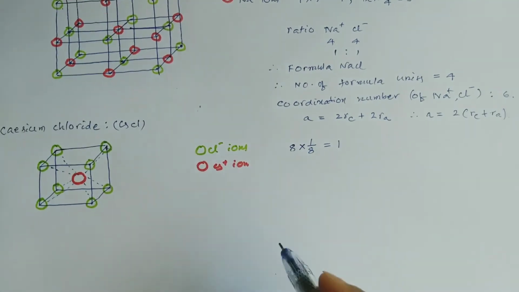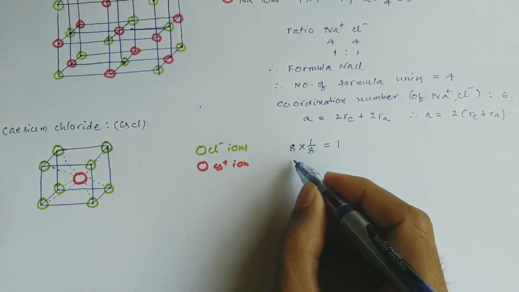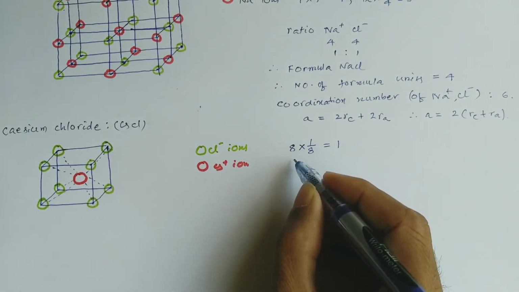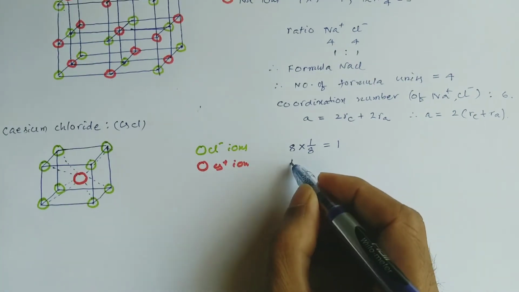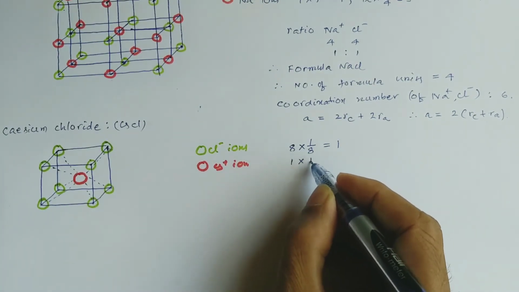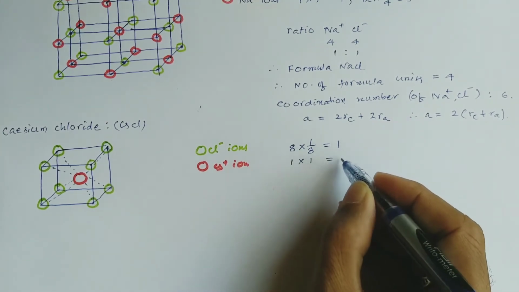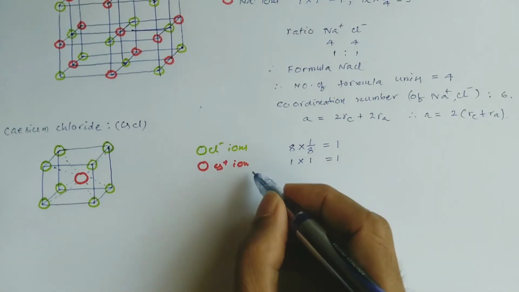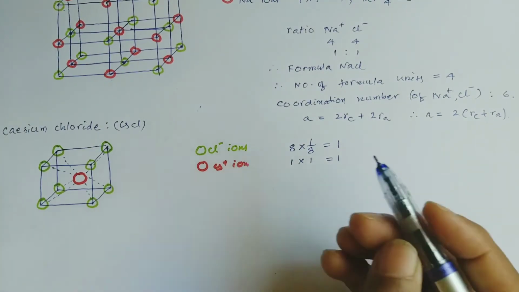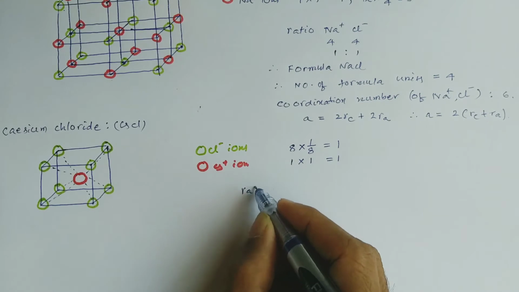Similarly for cesium ions, the cesium ion is present in the body centered position. There is only one body centered position, so the contribution of that ion to one unit cell is 1. So now we can say 1 Cs plus ion and 1 Cl minus ion is present. So what is the ratio of ions?